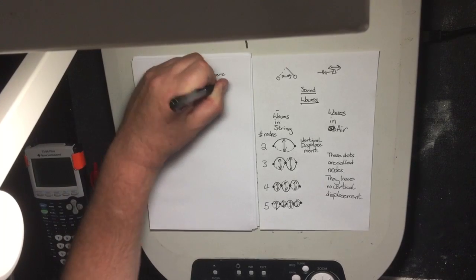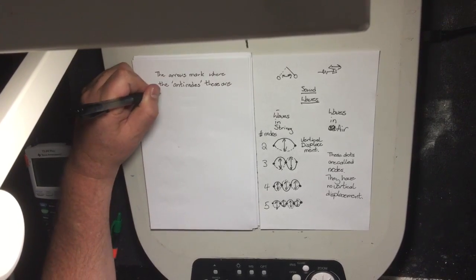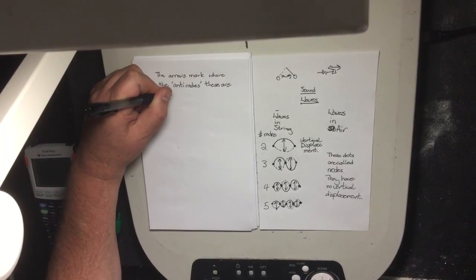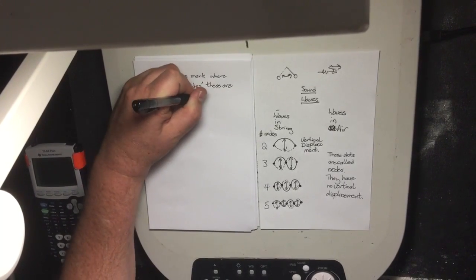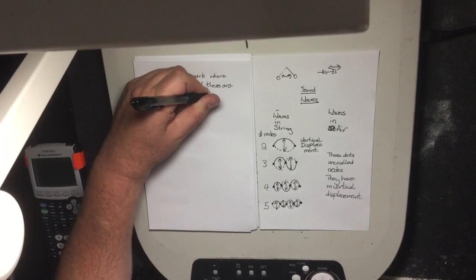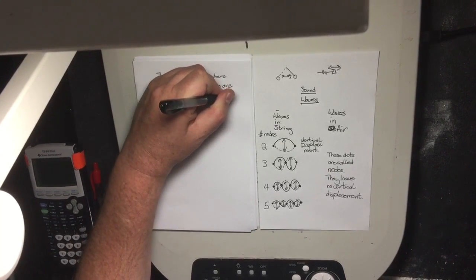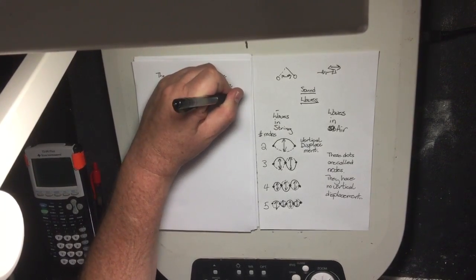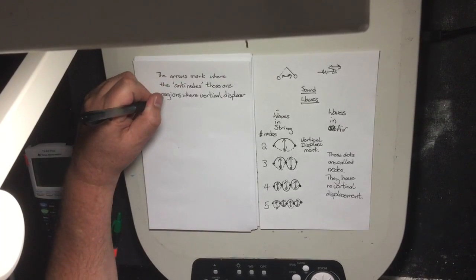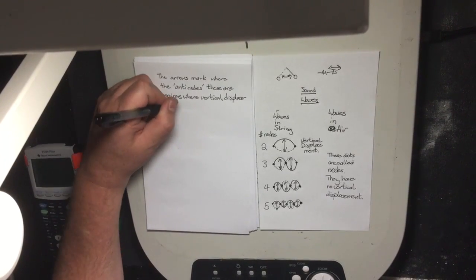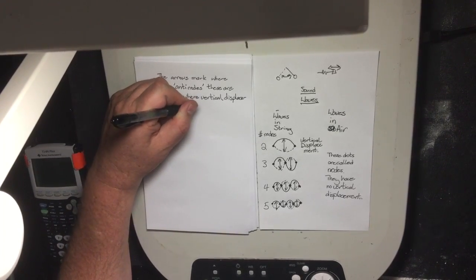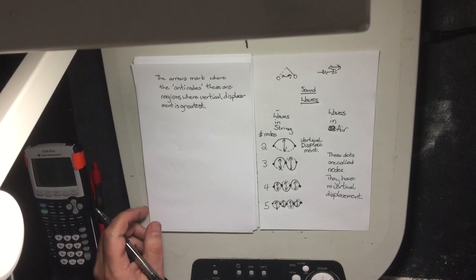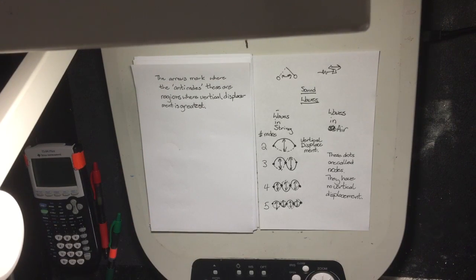These are regions where vertical displacement is greatest. So points at which it doesn't move are called nodes.